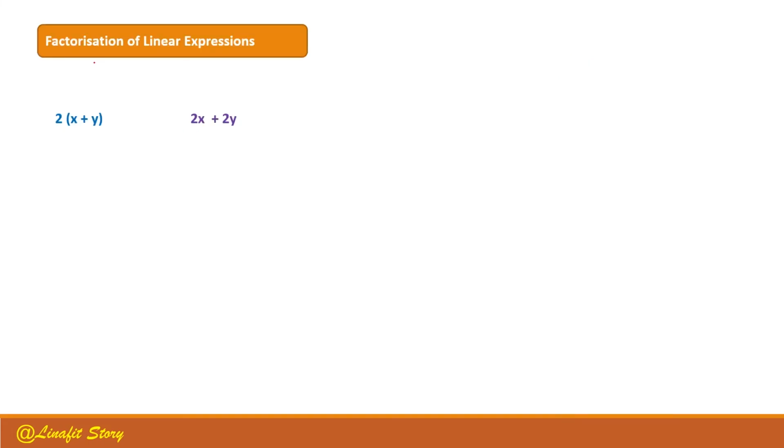Factorization of linear expressions. Factorization is the process of expressing an algebraic expression as the product of two or more factors. So factorization is the reverse of expansion. So for example here, 2 open bracket x plus y close bracket. When you expand, 2 times x is 2x. 2 times positive y is positive 2y.